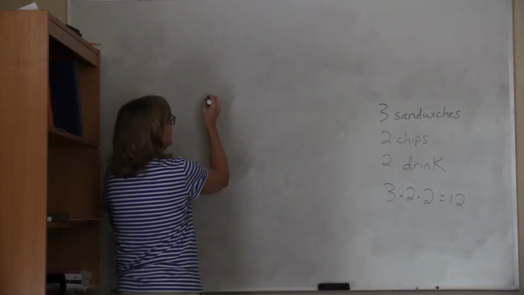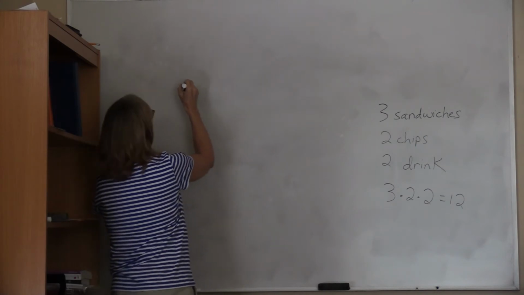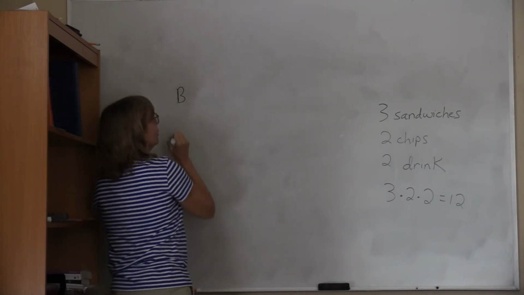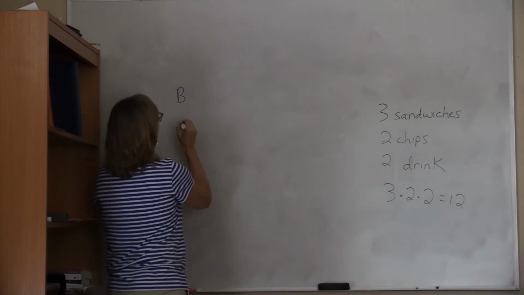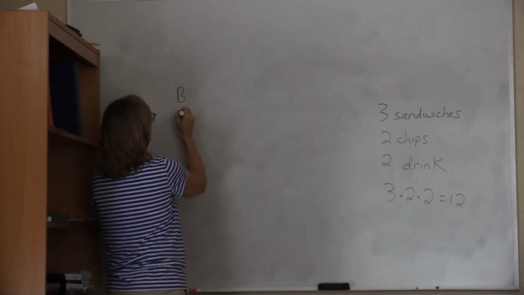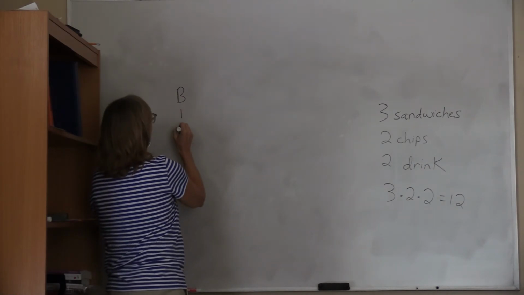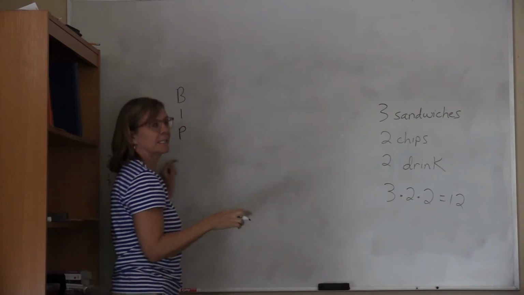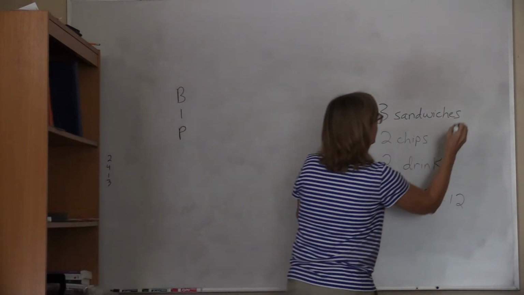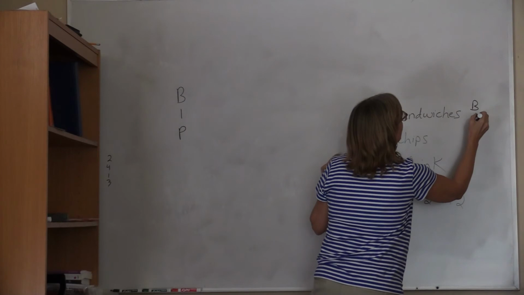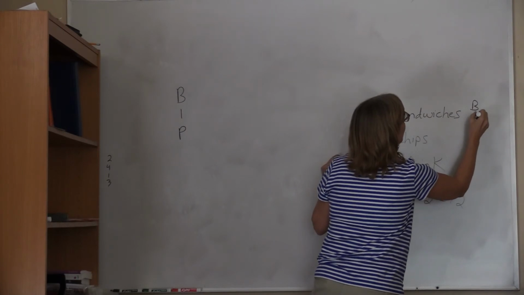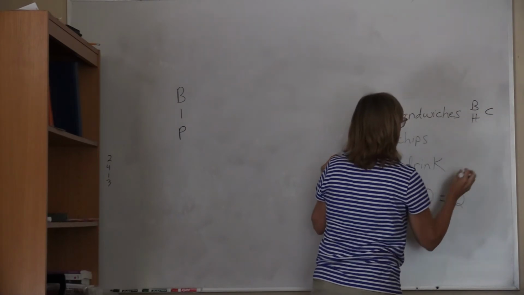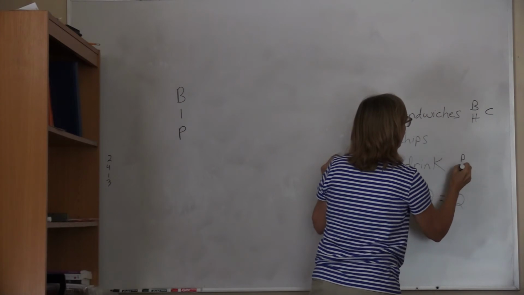So let's look at this. I'm going to say sandwich A is bologna, okay? And then I have, let's say, chip 1 and pop. I'm just making this up, obviously. We're going to say we have bologna, ham, and chicken, right? And our drinks, we have pop or we have water.